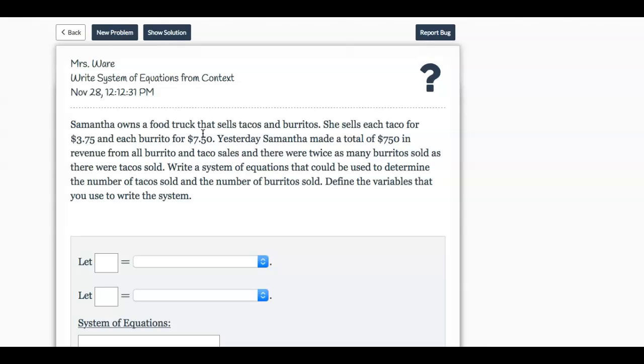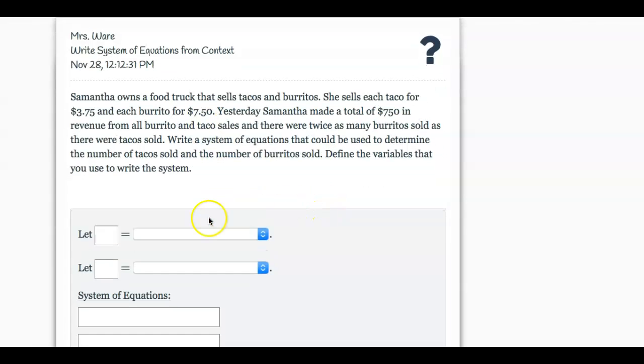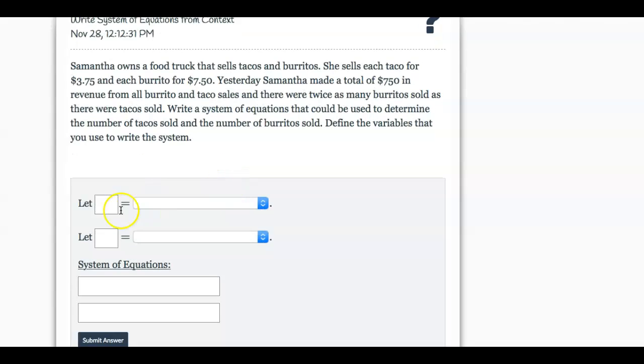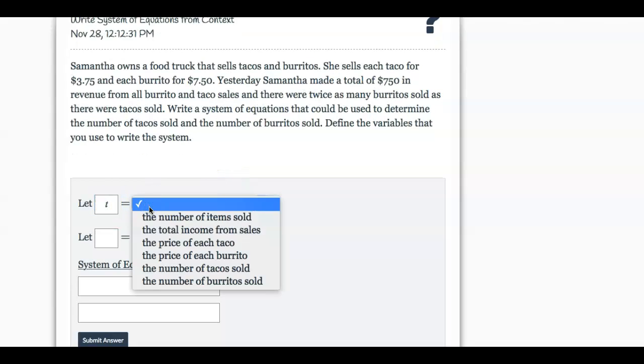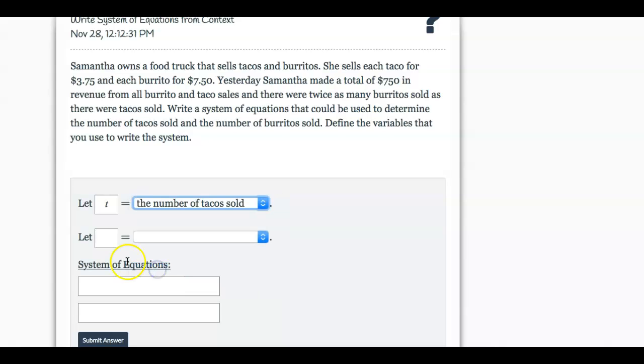And then all we know is there were twice as many burritos as tacos. I'm just going to jot that down on my paper. Write a system of equations that could be used to determine the number of tacos and burritos sold. So I'm going to say T is my number of tacos, and I'm going to let B be the number of burritos.